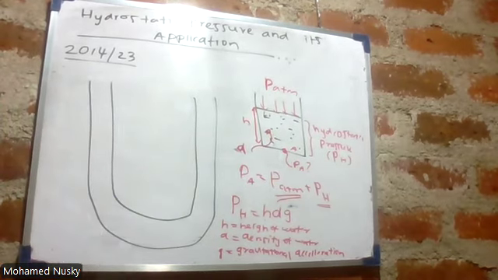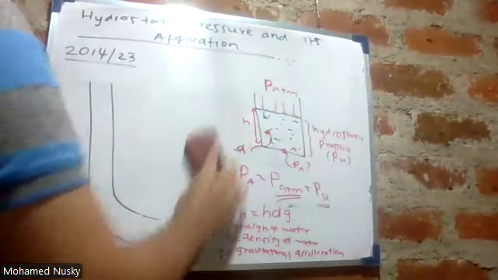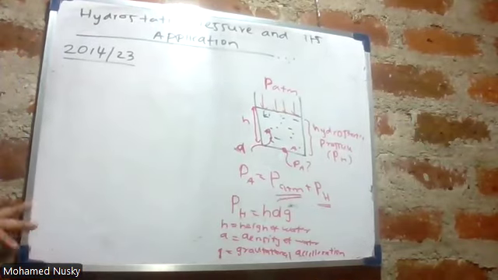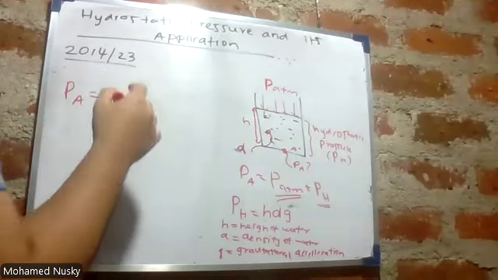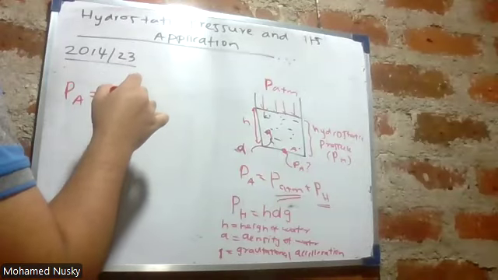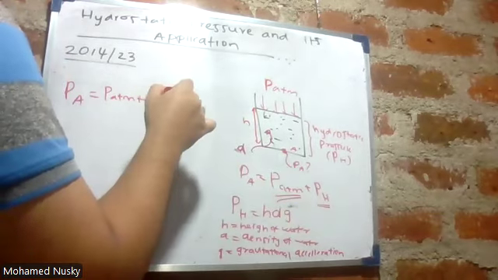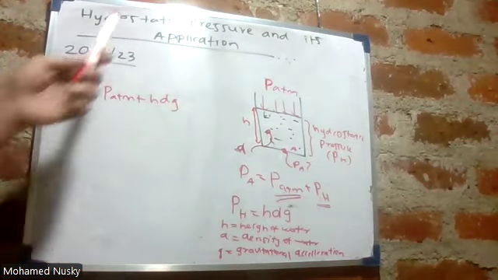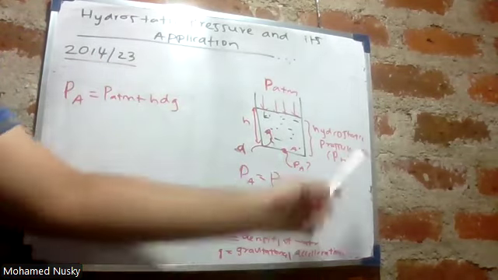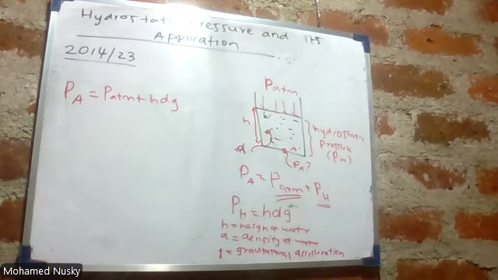Therefore, the total pressure at A is equal to P atm plus P h, and this P h is equal to h d g. Its application we will study later.